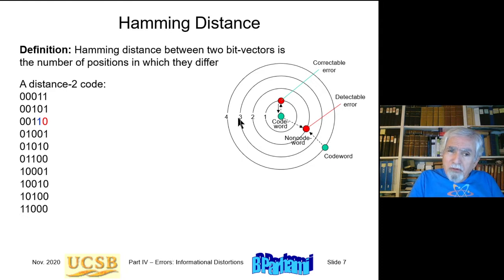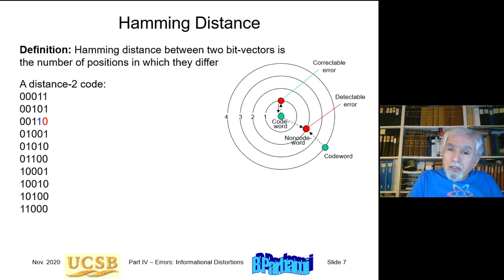Okay, so if a code has distance 2, it means that if this is a code word, there should be no code word on this circle. There can be code words on this circle because they're distance 2 away from this one. Of course, those code words on this circle should be distance 2 away from each other as well.